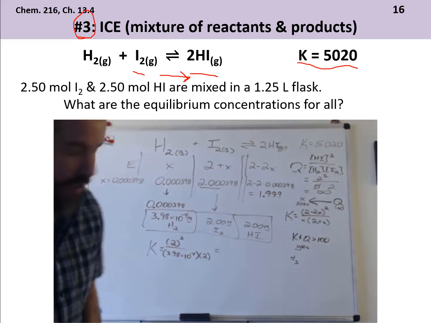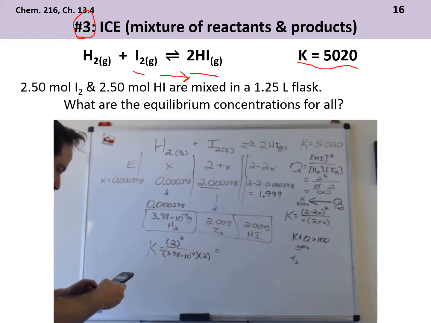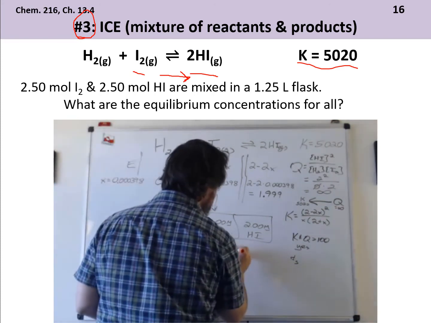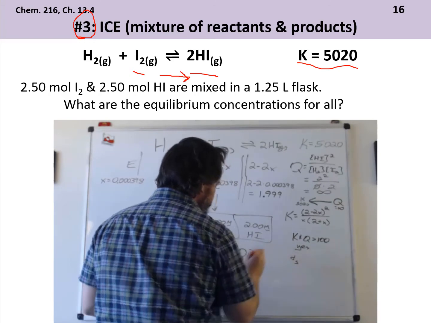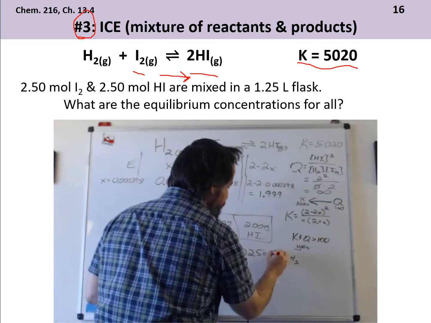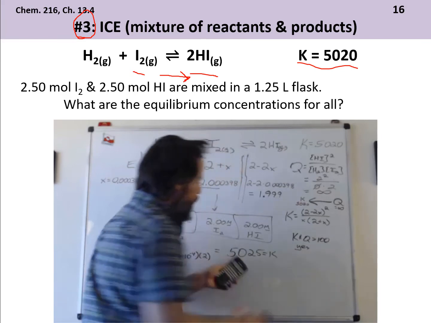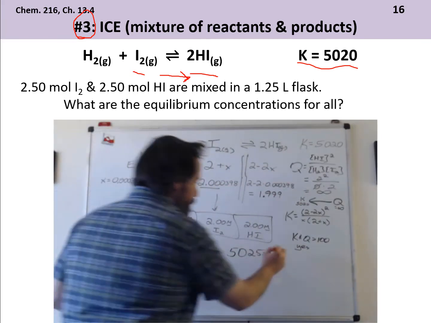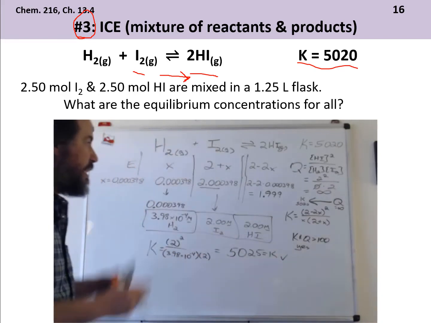That's going to get me 4 divided by 3.98 e to the minus 4 divided by 2. That gets me 5,025. Okay, that is very close to what I started with. So this is valid. So that means I probably did everything right.